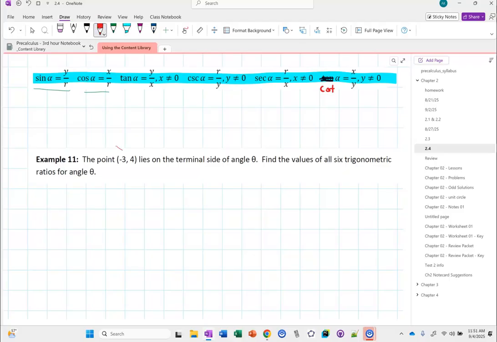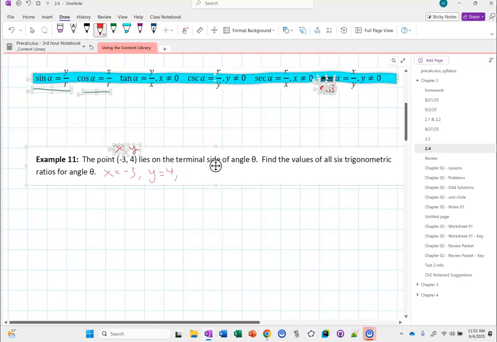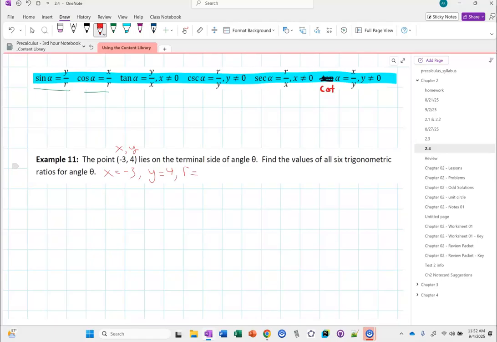What I'm given here is an x and a y. What I don't have given to me is r in my formula, right? I have r's in a lot of those formulas.